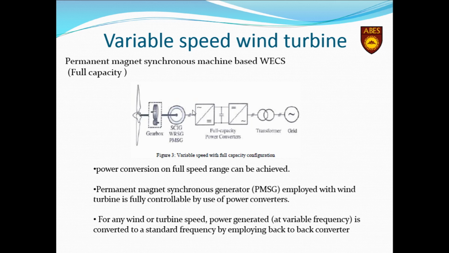So this DC link gives a complete isolation between the wind turbine mechanical power and the generated electrical power, the pulsation and all that, giving well defined, better quality electrical power to the grid.